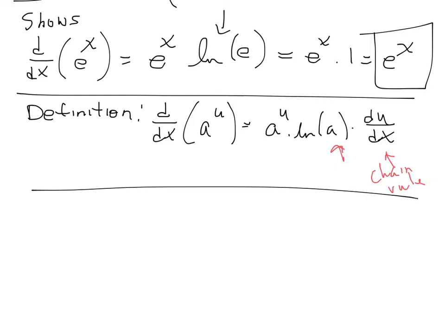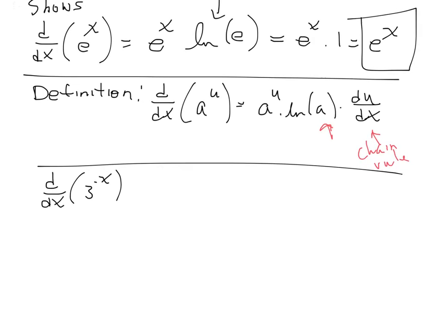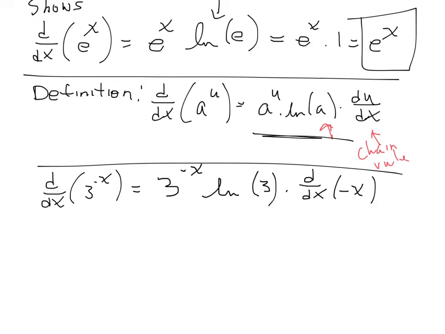So if I had to find the derivative of 3 to the minus x, well, you can see that definition there. This says it would be 3 to the minus x times ln of my base, which is 3, times the derivative of negative x.